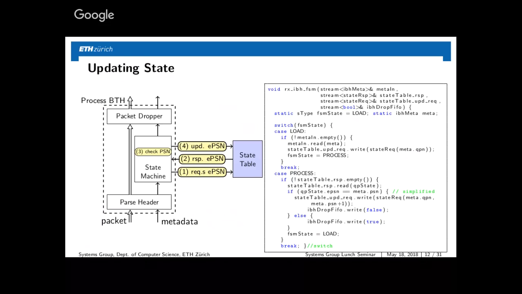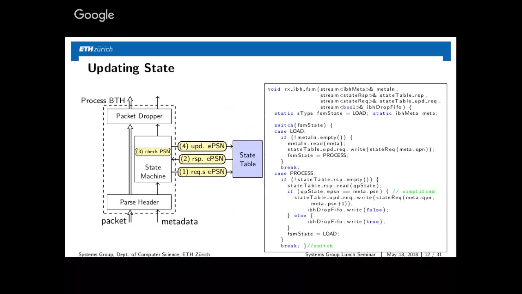In HLS, we implement this state machine with 2 states. In the first state, we get metadata in from the previous module, which parsed the header. We use this metadata to request the expected sequence numbers from the state table. Then we go to the second state and wait for the expected sequence number to come back from the state table.